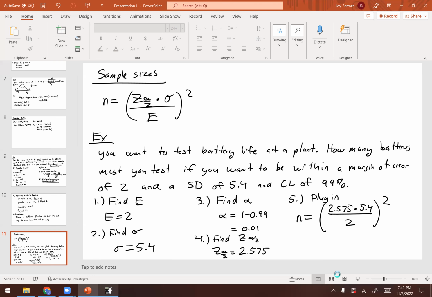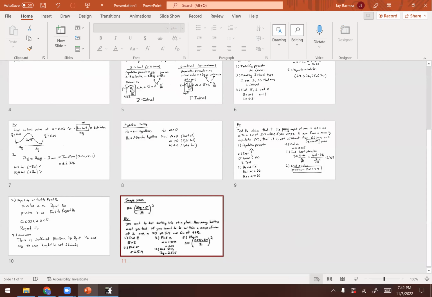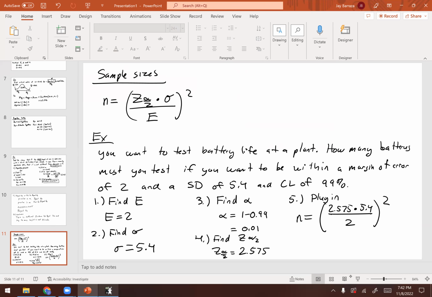And I get 48.3. Now, remember the rule for sample size: if you get any decimal, you automatically round up. Always round up for the sample size problem. You will get it wrong if you don't round up.